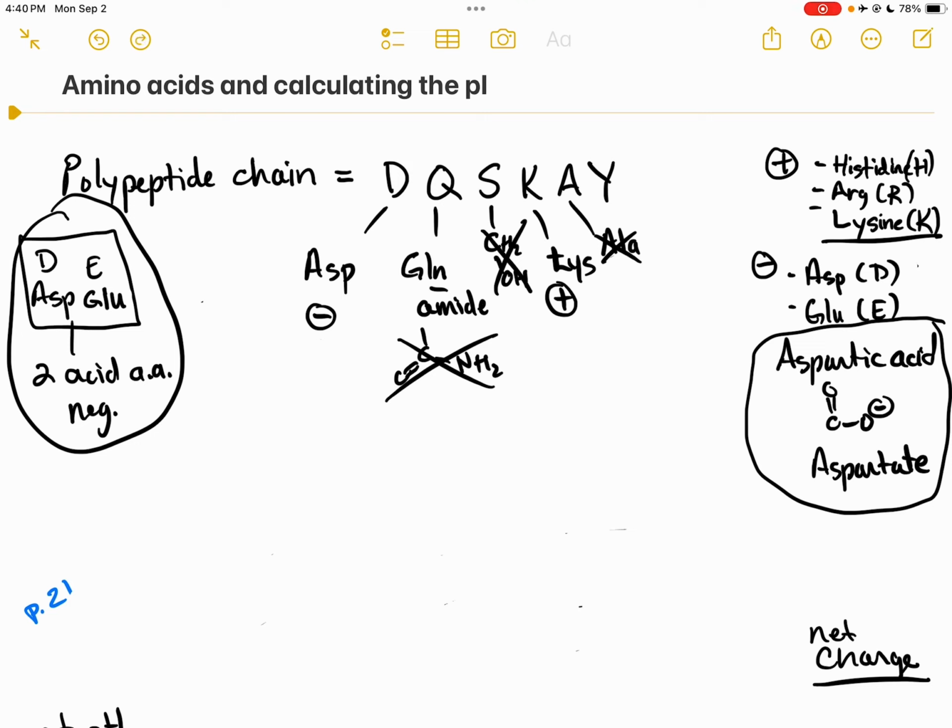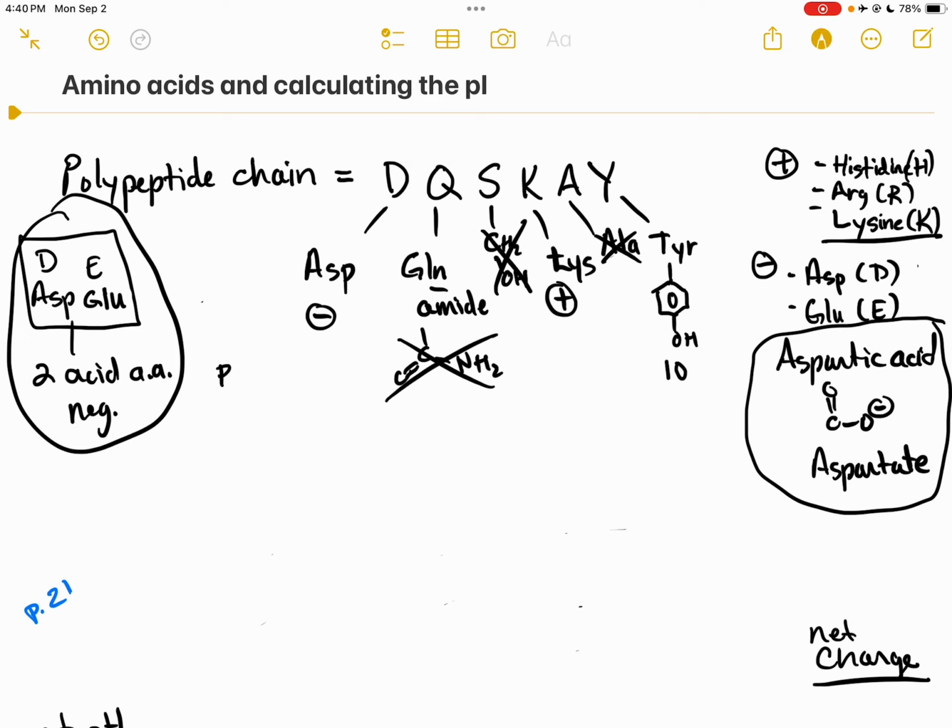So we only need to think about ionizable groups, and alanine doesn't have an ionizable group. What does Y stand for? Y stands for TYR, which is tyrosine, which does have a pKa. This is a phenolic OH, and it will have a pKa up around 10.